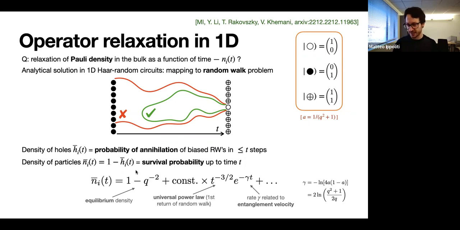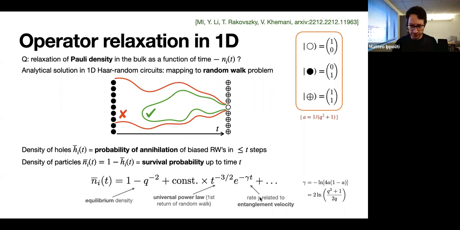And so there is some asymptotic finite value that reproduces the expected Pauli density in a random Pauli. But then there is some leading asymptotic approach to this, which has an exponential piece with this rate gamma and a universal power law correction that comes from the first return probability of a random walker, t to the minus 3/2.